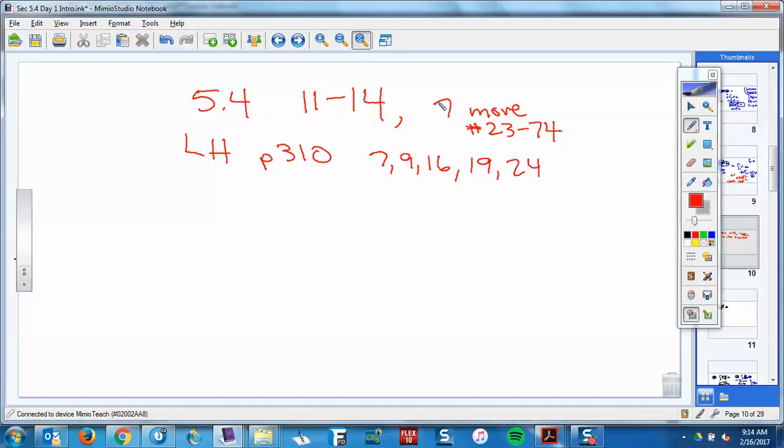No, they're not circle. I don't think they're circle. There are some circle ones, but not these. Let me see here. I might skip a few. What did I put? 19, 24. Let's do 37 and 43.